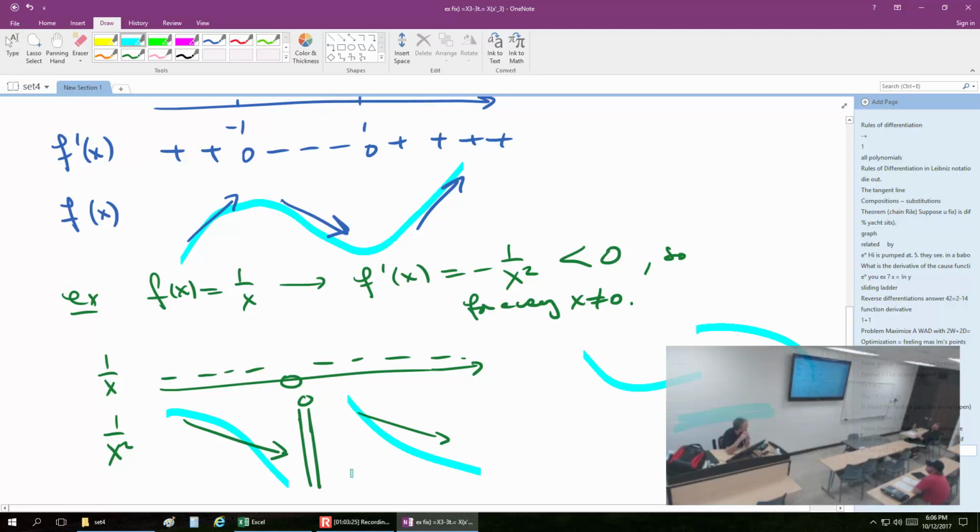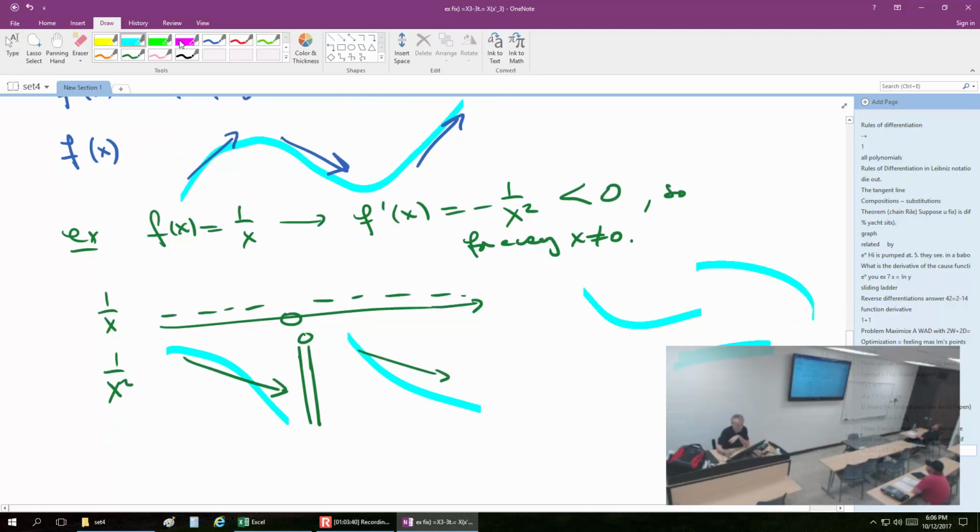Yes, but what I meant is what's happening to the slopes. What's happening to the slope on the left versus on the right? One's decreasing, one's increasing. That's right, the slopes are decreasing here, and here the slopes are increasing.